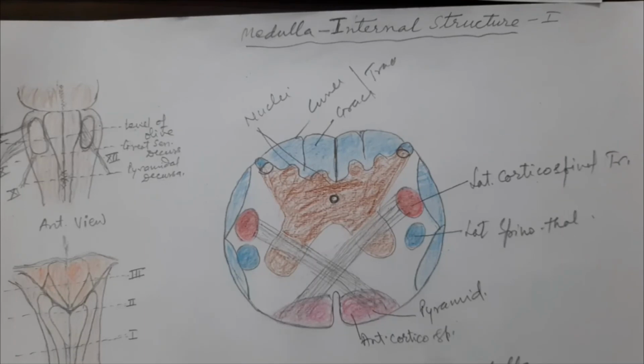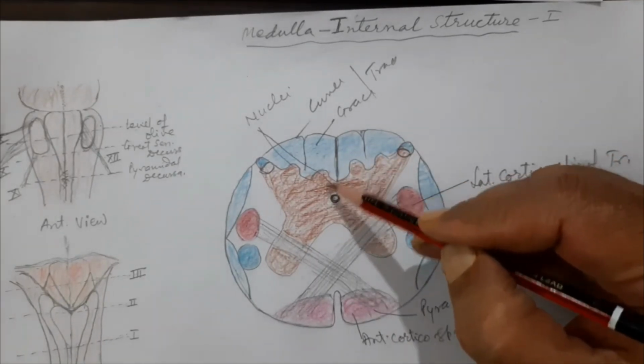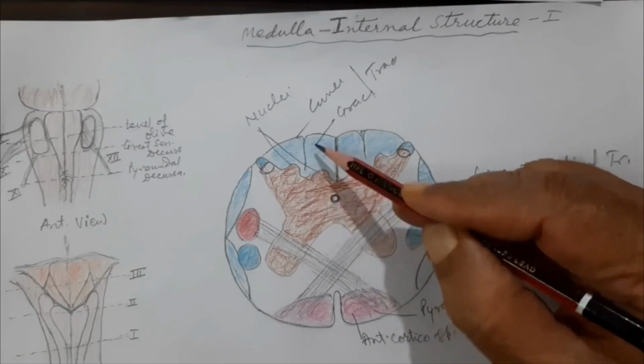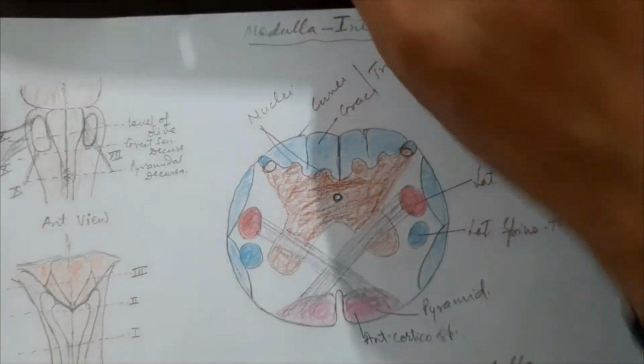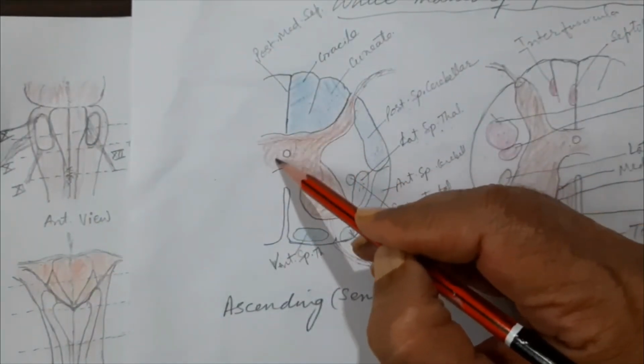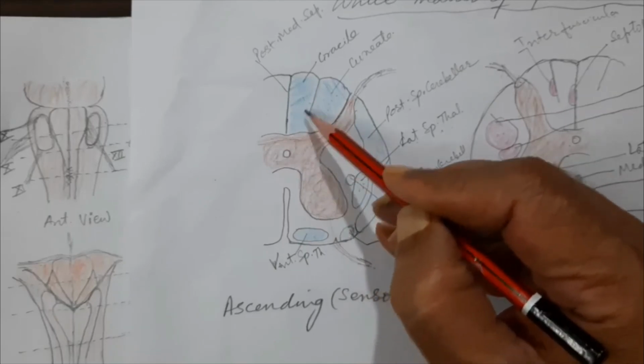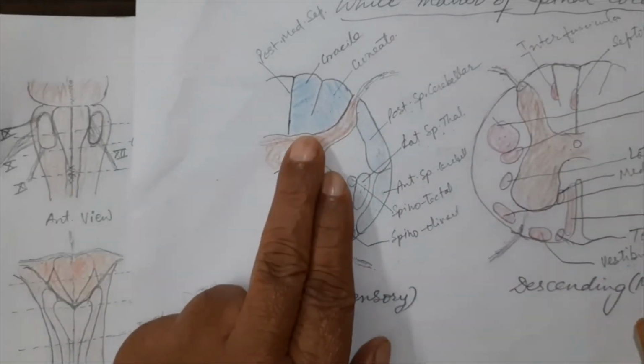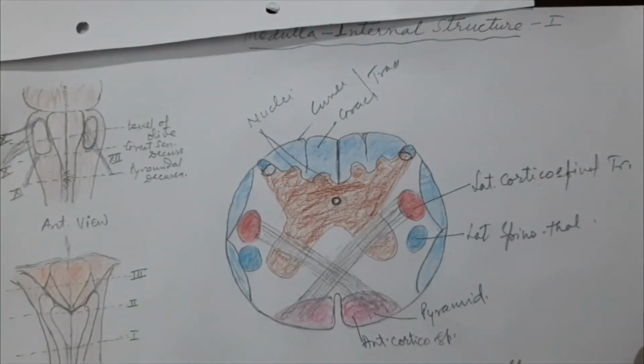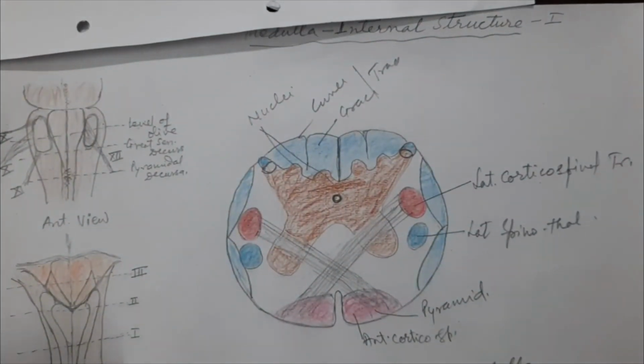Now these nuclei are nothing but the extension of the central gray mass which was present in the spinal cord here. At the upper level, they will get detached and form the separate gracile and cuneate nuclei.